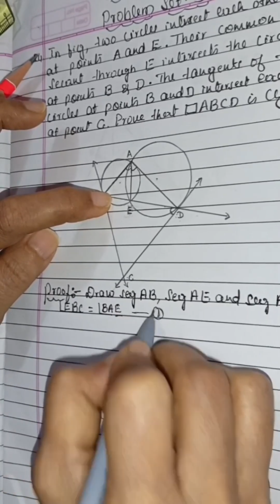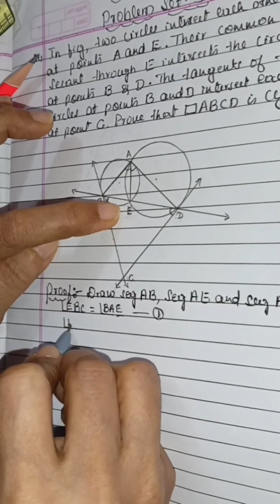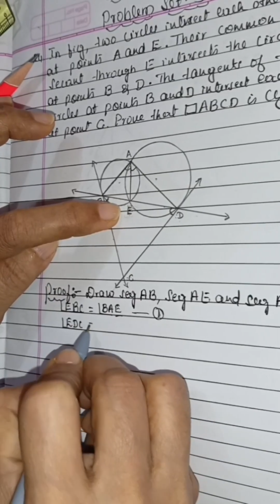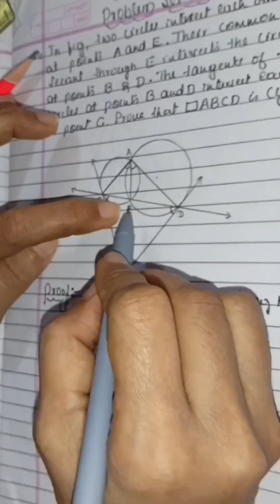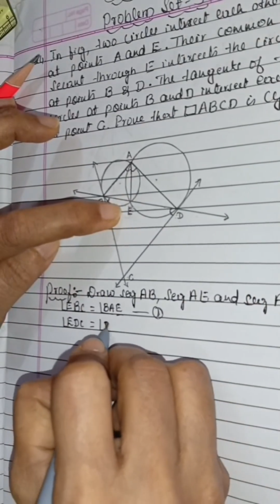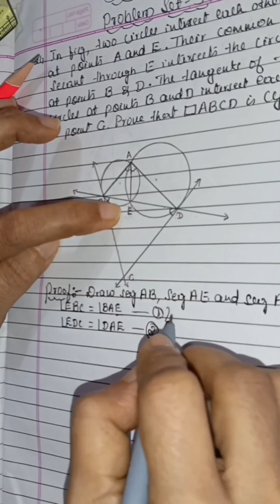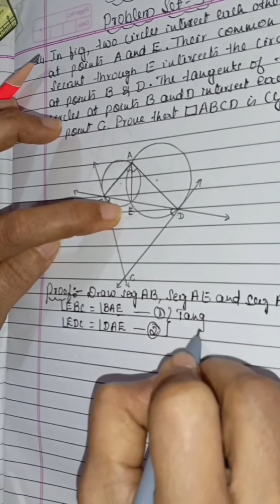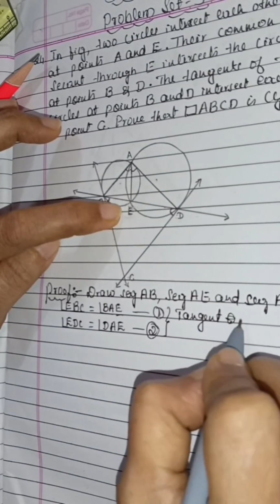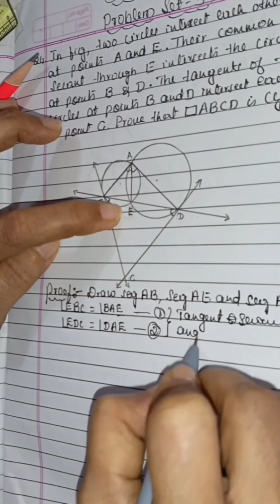Let this be equation number 1. Similarly, angle EDC equals angle DAE. This is equation number 2. This is because of the tangent-secant angle theorem.